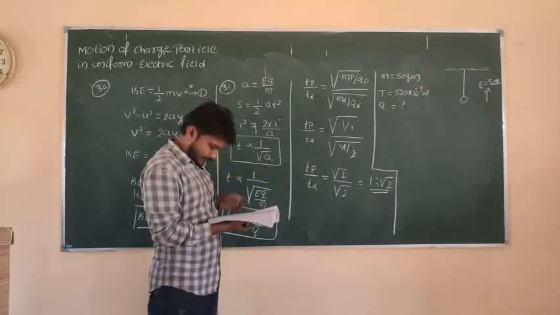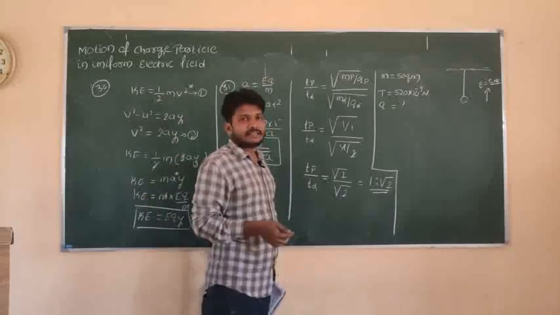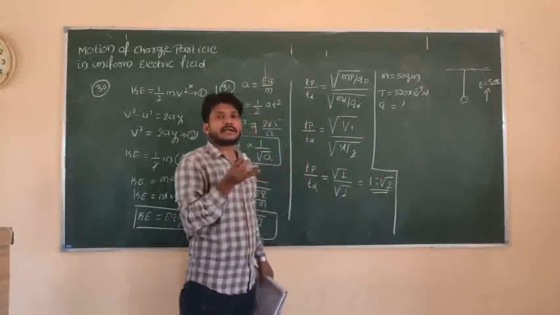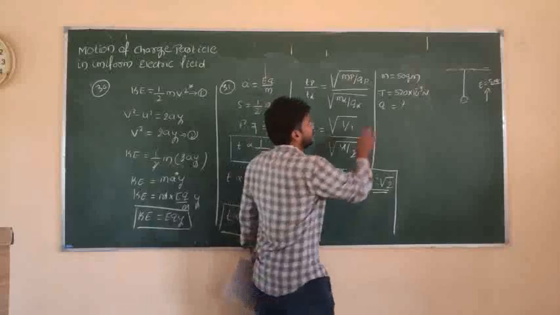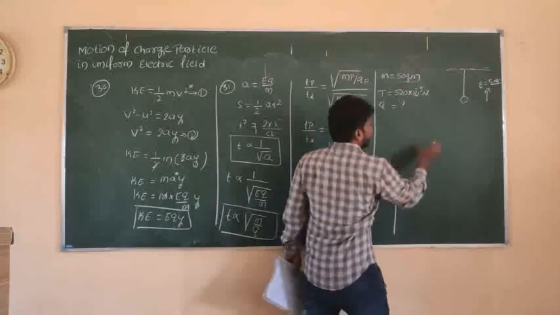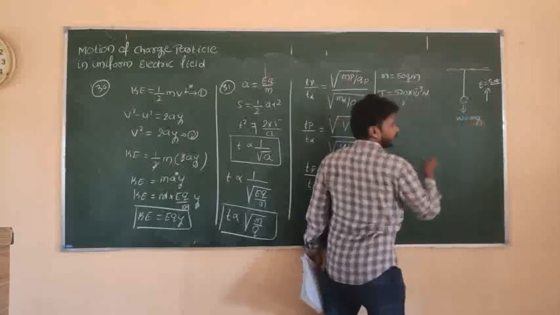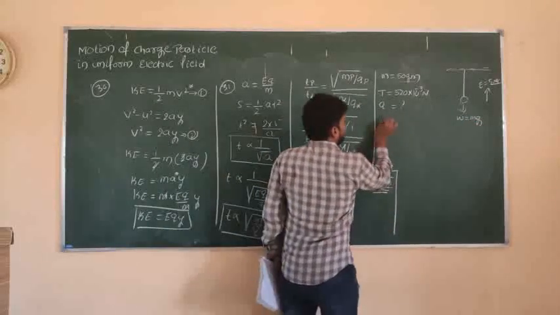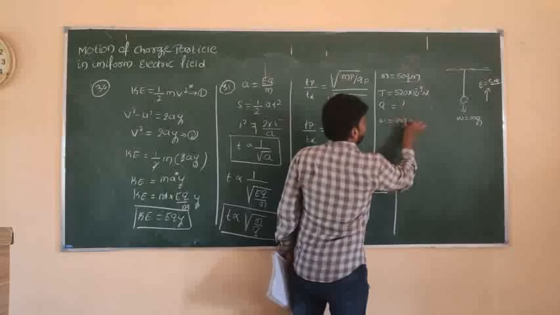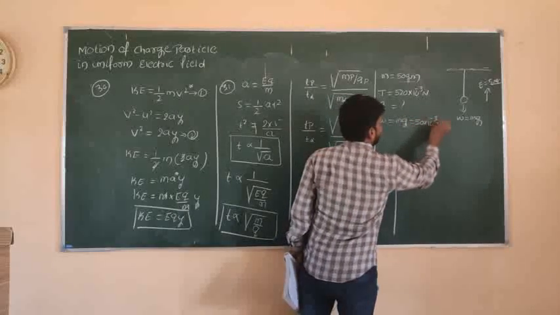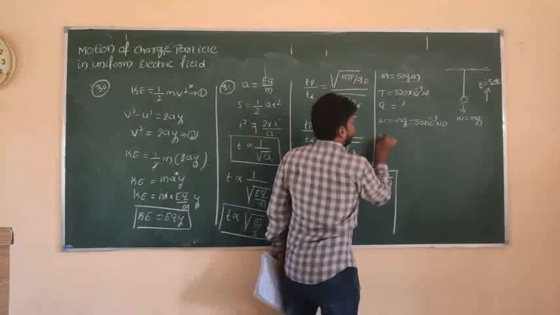For example, the value of g is given as 10 meter per second square. Let me consider whether the charged particle is positive or negative. The mass of the particle is 50 gram, so the weight of the object acts in the vertically downward direction. The weight is m into g, so mass is 50 into 10 to the power of minus 3 and acceleration due to gravity is 10.